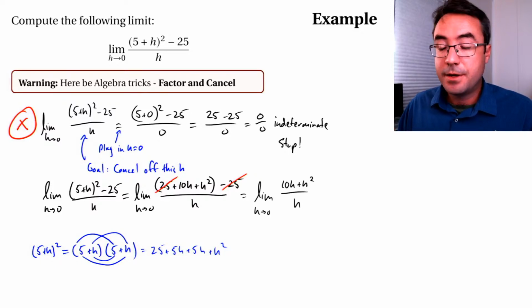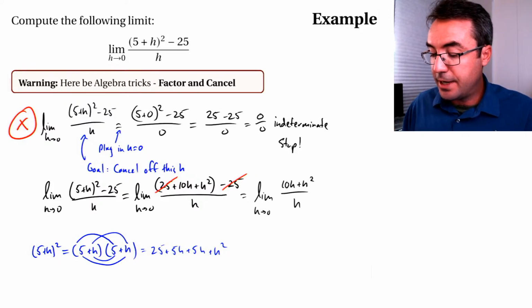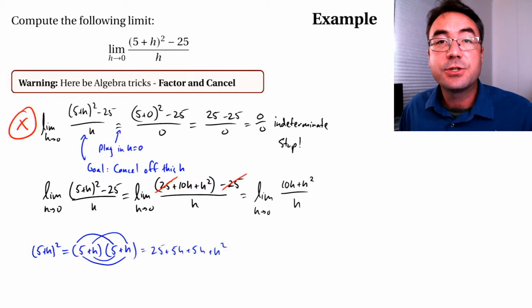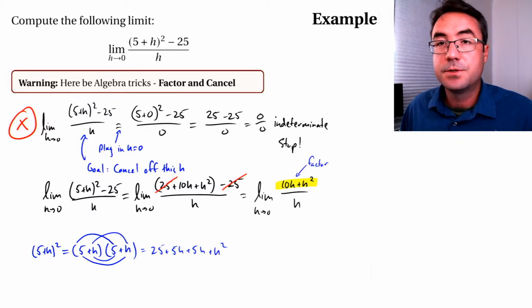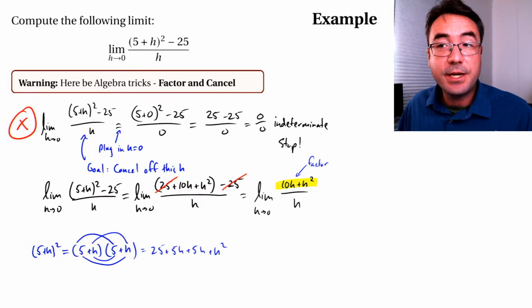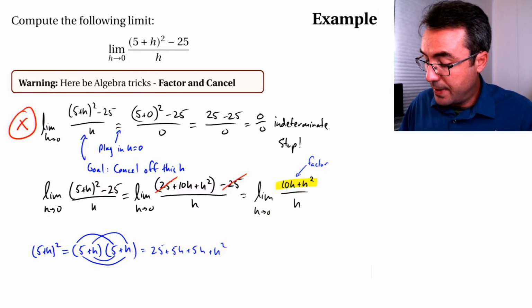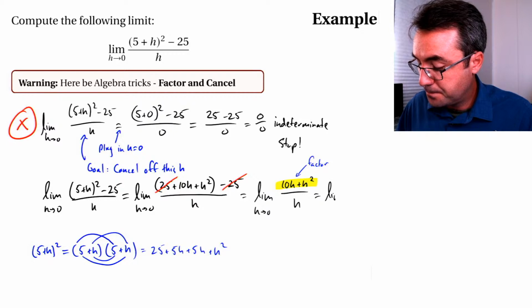And then from here, if we're looking at the numerator, we can actually factor out an h. Both of those terms in the numerator have an h in it, so we can pull one of them out. So we get h times 10 plus h all over h.